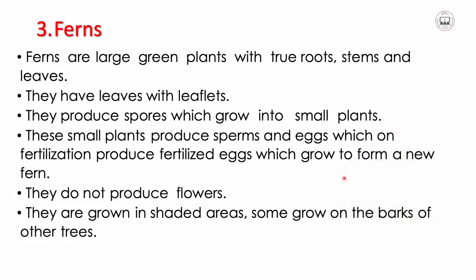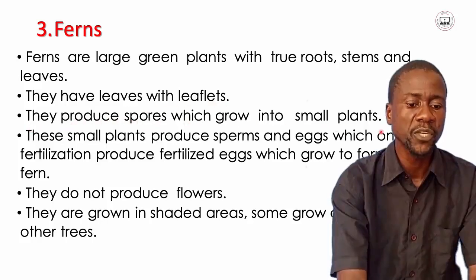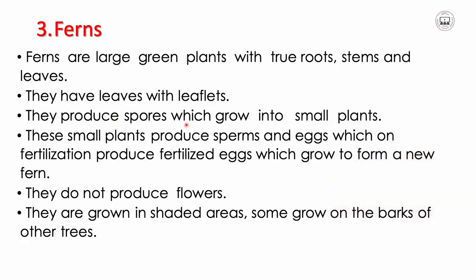Ferns are large green plants with true roots, stems, and leaves. They have leaves with leaflets, and they produce spores which grow into small plants. These small plants produce sperms and eggs, which on fertilization produce fertilized eggs, which grow to form a new fern.